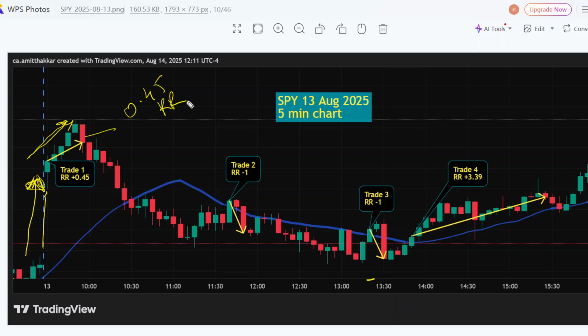Now after the close of the first position, the market has been continuously in a downtrend.